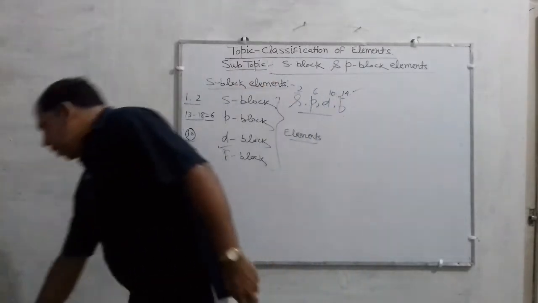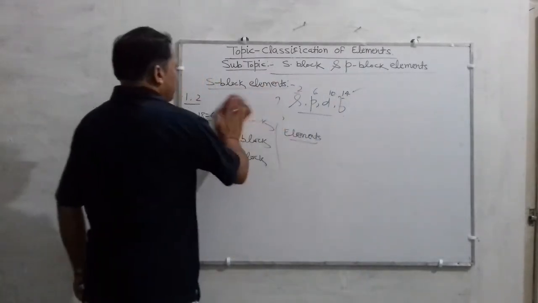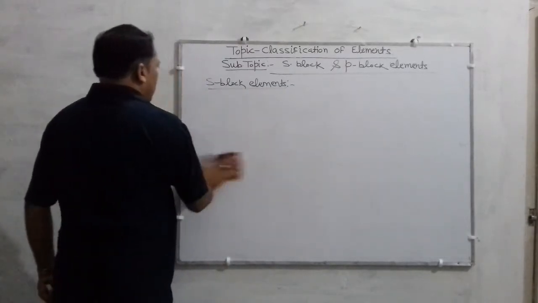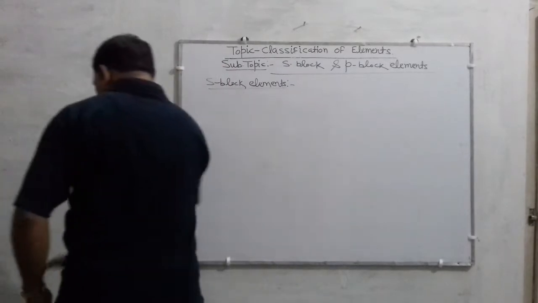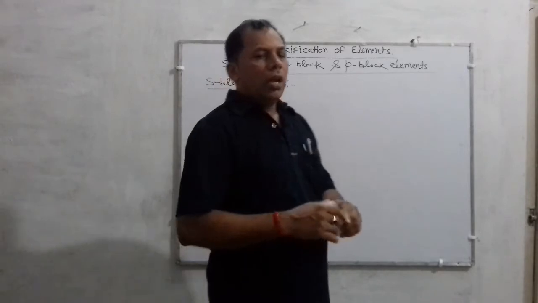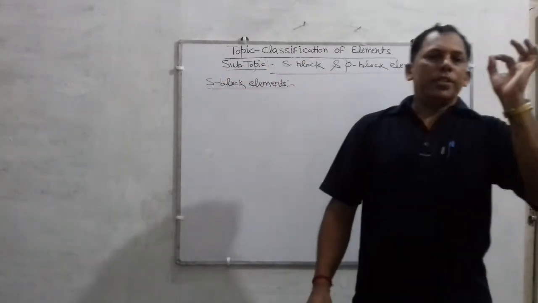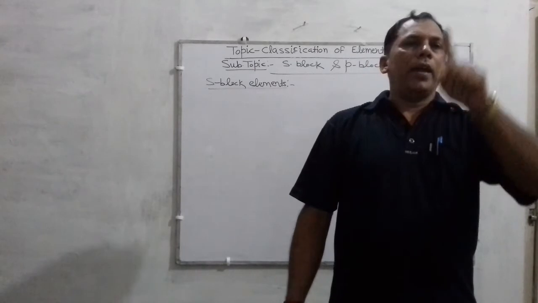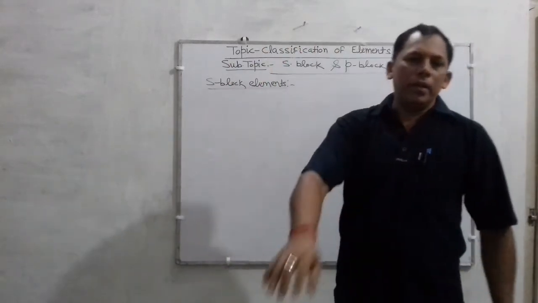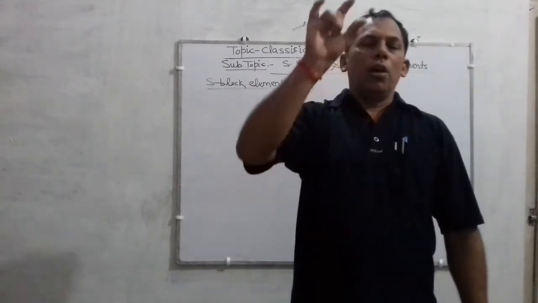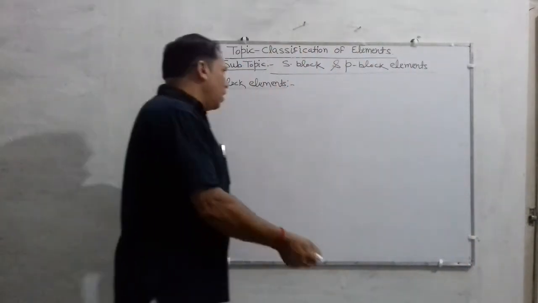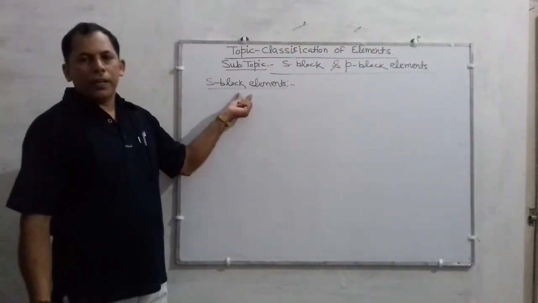So listen, what are S block elements? I think the point we just discussed, the fundamental is clear. So S block elements are those elements whose last electron or valence electron or outermost electron occupies the S subshell, called S block elements.